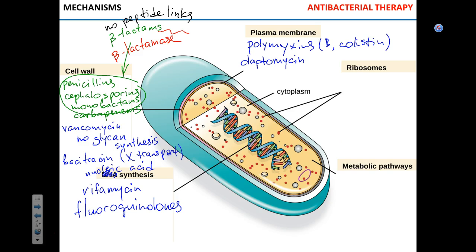Inhibitors of protein synthesis. Ribosomes. What are they made of? Two units. 30S. What are the inhibitors of 30S? Tetracyclines. Very good, Taylor. And aminoglycosides. Okay. Inhibitors of 50S.